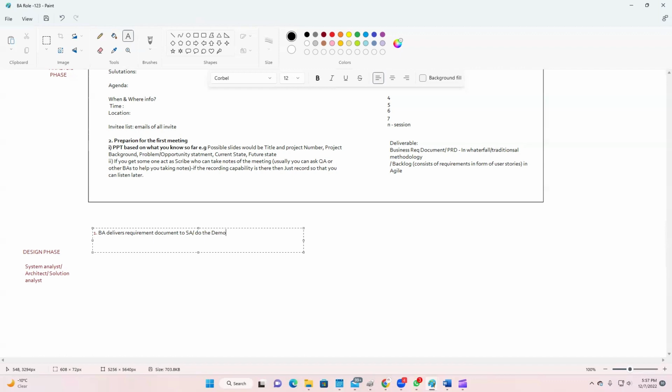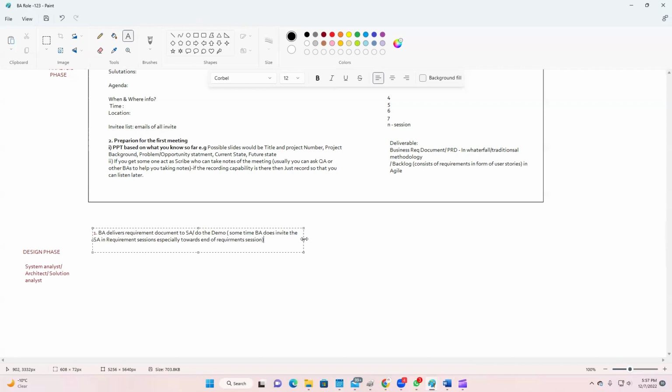It's the same pattern as before. Sometimes the BA invites the SA to the requirement meetings, especially towards the end of requirements.